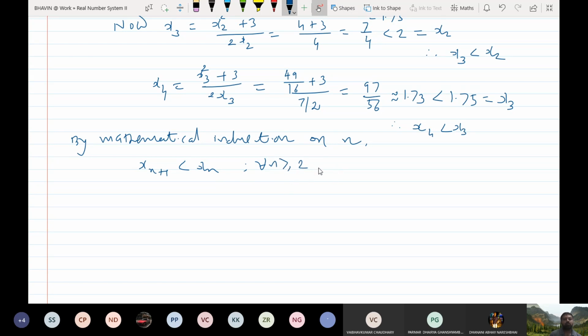Or you may take n greater than or equal to 2. Okay, therefore xn is decreasing.